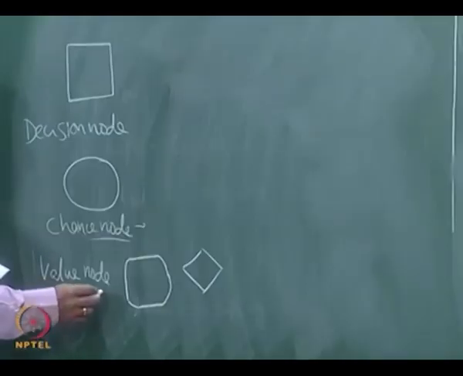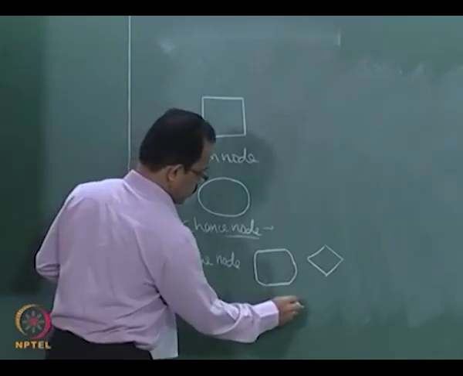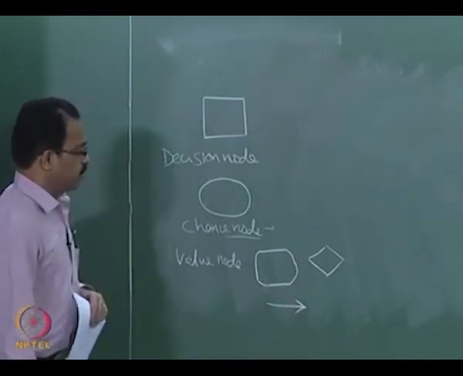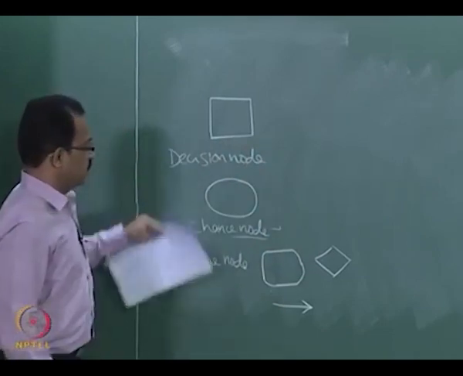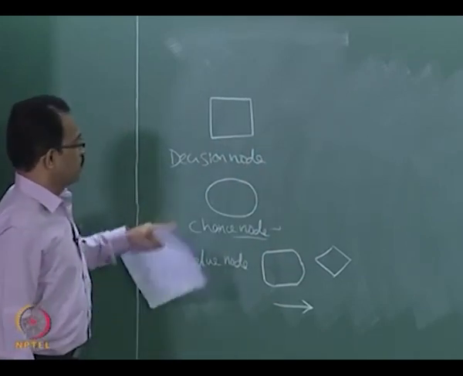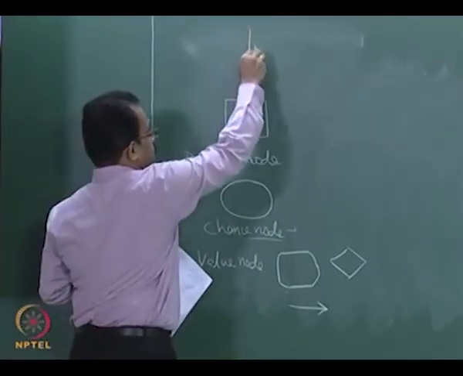These are the value nodes. Then we have the arc, which determines the dependency. An arc is nothing but a representation of the dependency between these nodes. So these are the basic construction elements for the influence diagram.